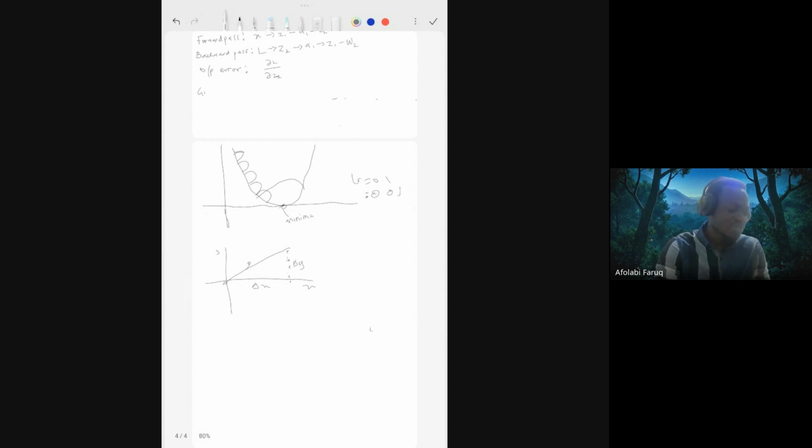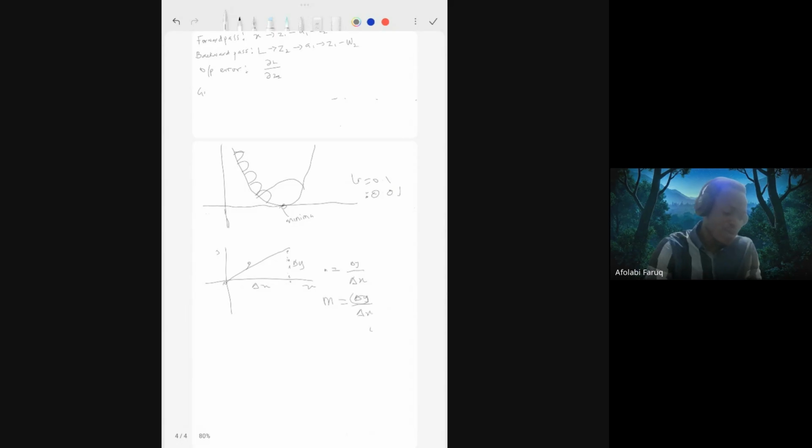Through this, we'll be able to measure our gradient. To measure our gradient, we say gradient m equals change in y over change in x.